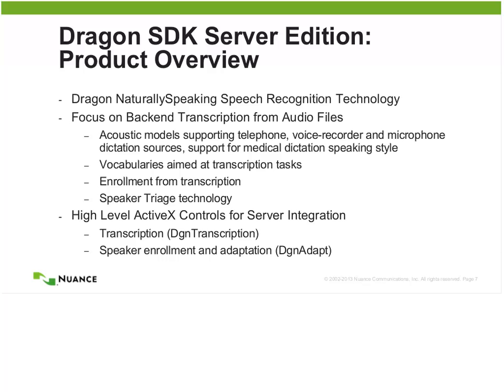We also provide what we call speaker triage technology, which is a tool that allows you to basically measure the quality of a profile in terms of how good the profile is for speech recognition, and it gives you a score, and then you can decide whether to use a specific user profile in production, or basically keep improving that profile in the back end until it gets a good accuracy rate.